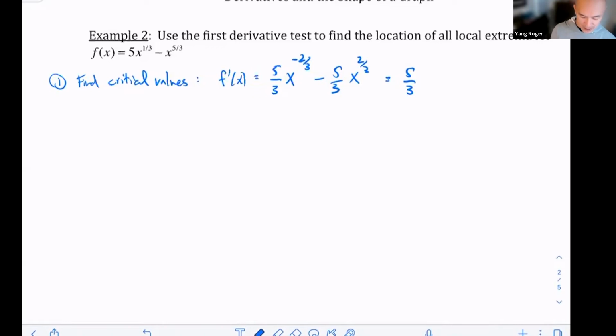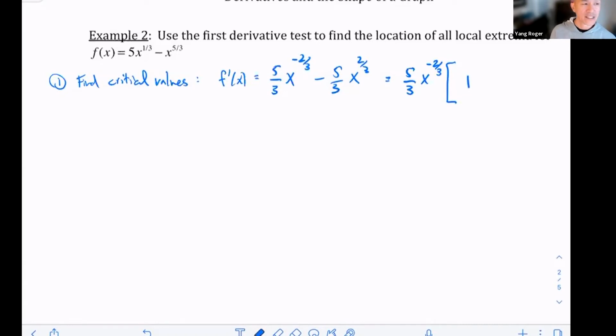Then I'm going to pull out the smaller of the two exponents, the negative 2/3 power, as a common factor: x to the negative 2/3. You can see that the second term is exactly the same as this first term, so when I factor that out, that's going to be a 1.